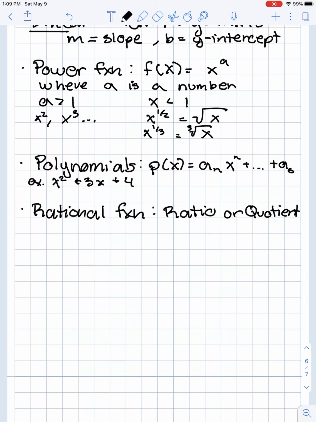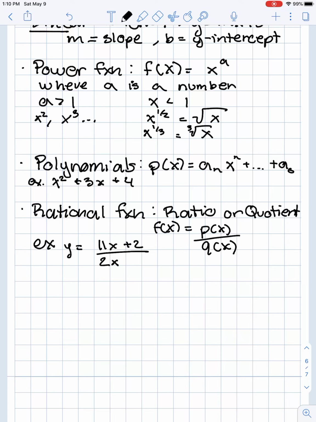So if I have some f of x equal to one polynomial divided by another polynomial. An example of that is if I had y equal to 11x plus 2, all divided by 2x cubed minus 1. The top one would be p, the bottom one would be q, and so on.